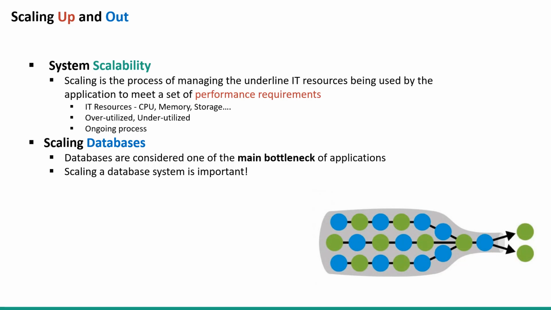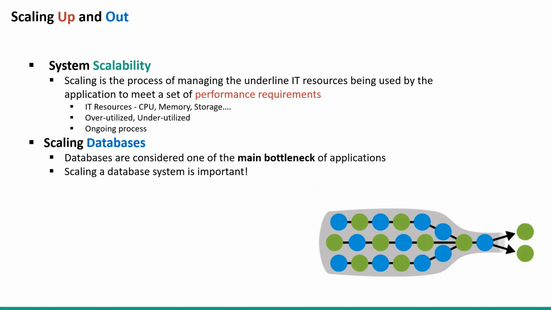So databases are considered to be one of the main bottlenecks of applications, because data is typically stored in disks that are much slower than a computer memory. It is extremely important to scale database components to prevent such performance issues that are impacting the application. So scaling IT resources is essential.